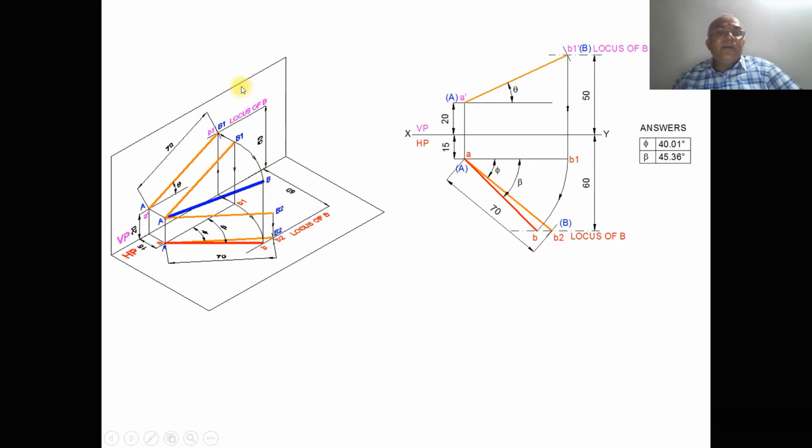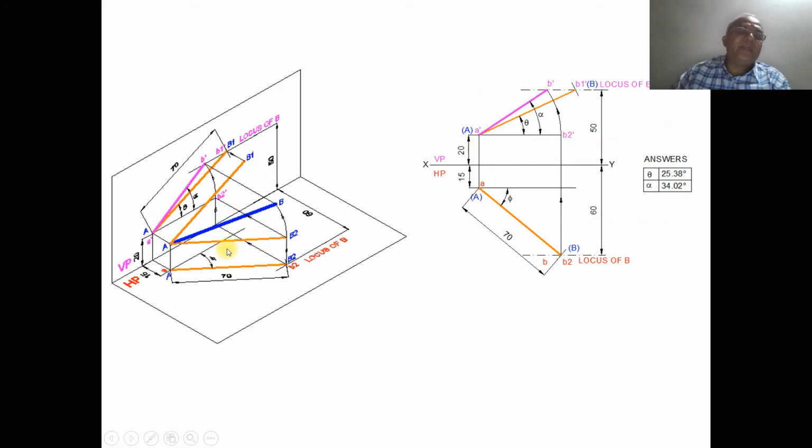In other words, when you look from the top, the image AB1 is getting rotated by an angle such that B1 touches the locus of B. So you will get the small ab, which is the top view. So we can identify the beta angle.